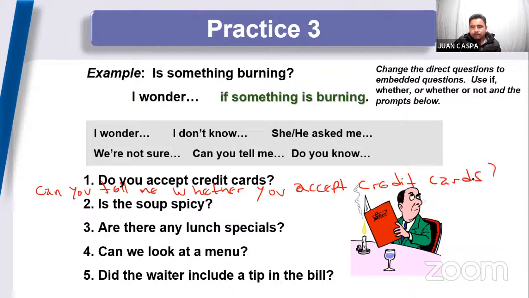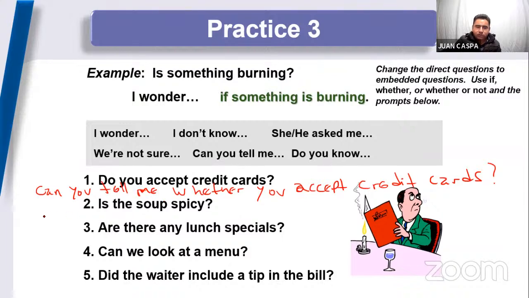Okay, very good. Or also sometimes it's a little bit strange, right? Can you tell me whether you accept credit cards? Okay. Or can you tell me if you accept credit cards, right? It's fine, any of them.